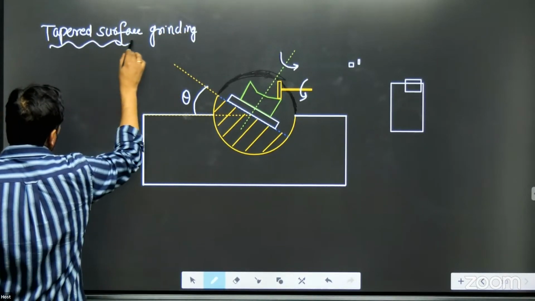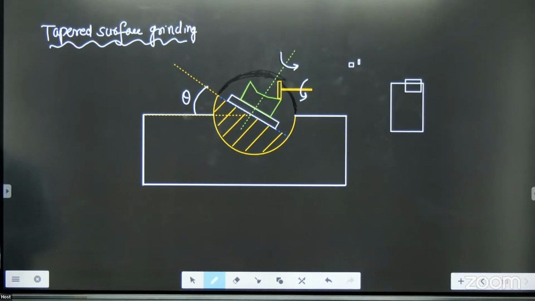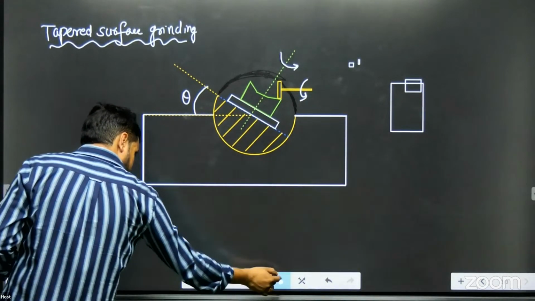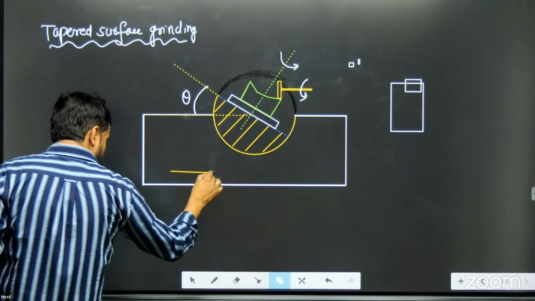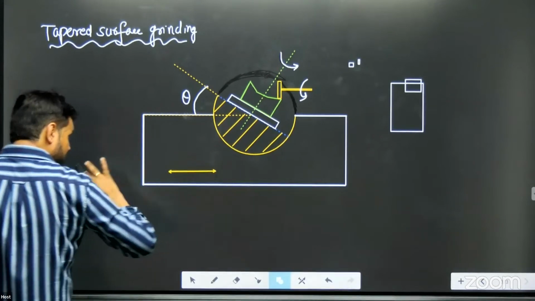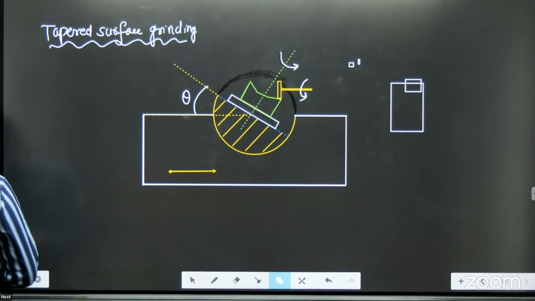This is what we call tapered surface grinding. And yes, as per our wish, this workpiece platform can also be moved in these directions, yes, to adjust the location of the grinding wheel over the surface.